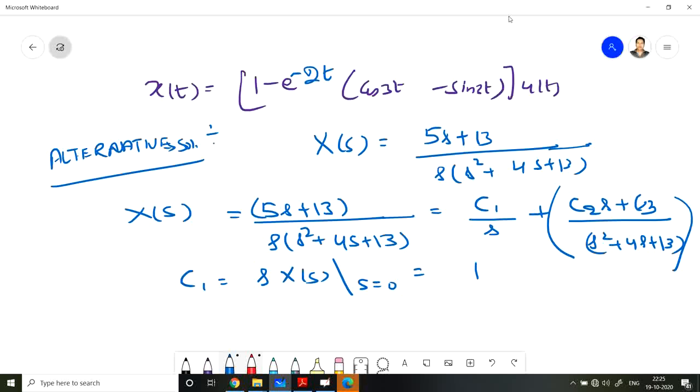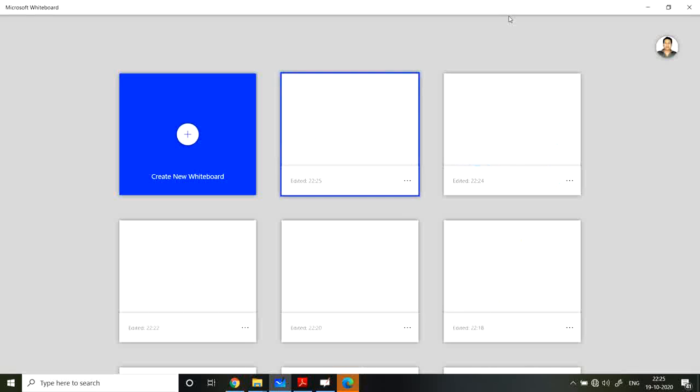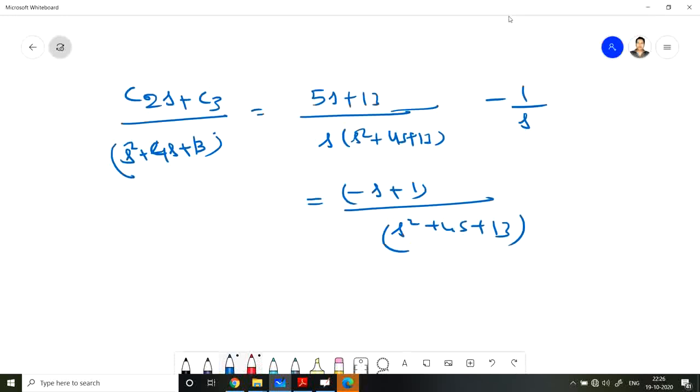So this relation can be written as (c2 s plus c3) divided by (s square plus 4s plus 13) equals (5s plus 13) divided by (s square plus 4s plus 13) minus c1 divided by s. And c1 is 1. That's why we have written this relation.